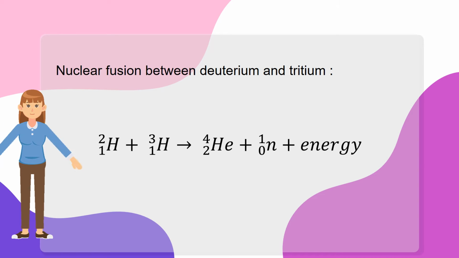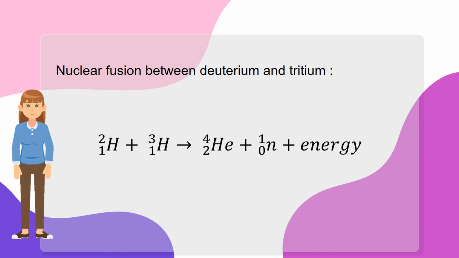Fusion could generate 4 times more energy per kilogram of fuel than fission that is used in nuclear power plants, and nearly 4 million times more energy than burning oil or coal. Most of the fusion reactor concepts under development will use a mixture of deuterium and tritium, a hydrogen atom that contains extra neutrons.